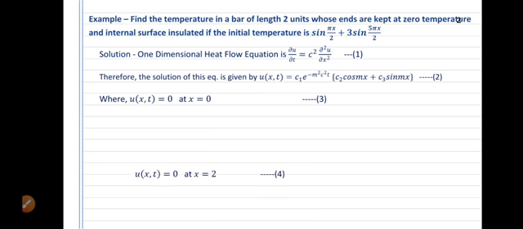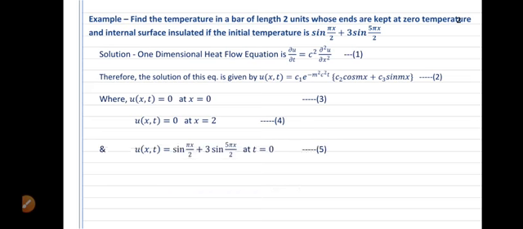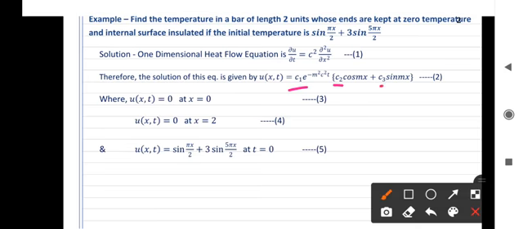Second condition, u(x,t) equals 0 at x equal to 2. That is, at the other end of the bar the temperature is 0. And one more condition is given for the initial temperature: u(x,t) equals sin(πx/2) plus 3 sin(5πx/2) at t equal to 0. So we have to find the values of these three constants c1, c2 and c3 using these three conditions.